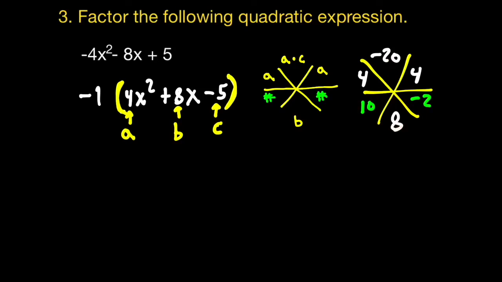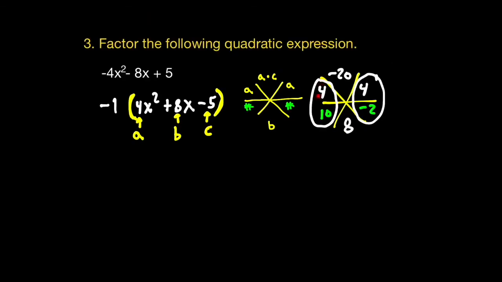The last thing to do here is to reduce the quote-unquote fractions, so the 4/10 and the 4/-2. I can reduce the 4/10 into a 2/5, dividing both numerator and denominator by 2. And for the right fraction, the 4 and the -2, I can reduce that into a 2/-1, dividing numerator and denominator by 2.